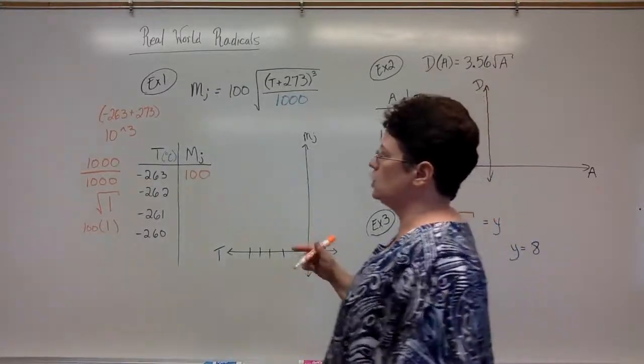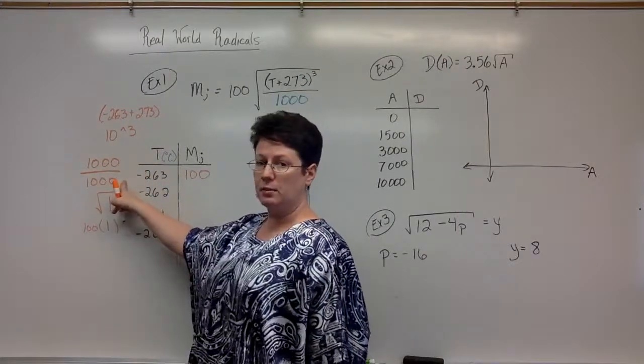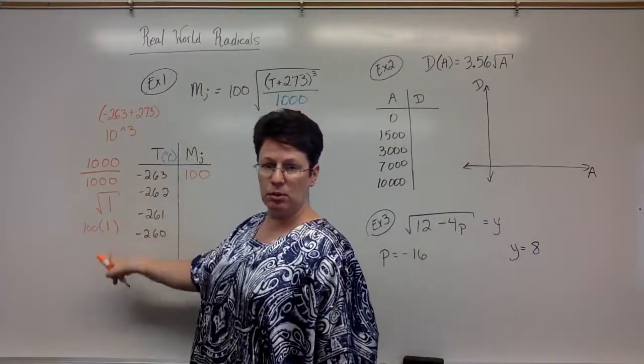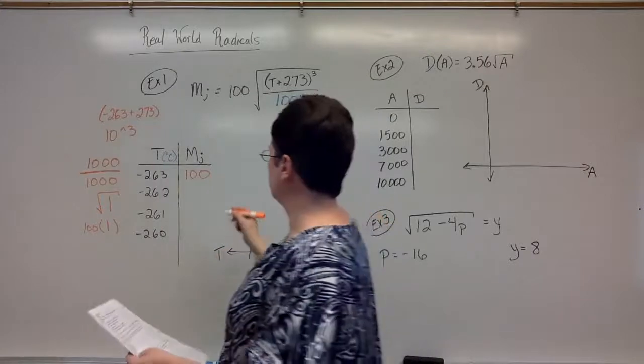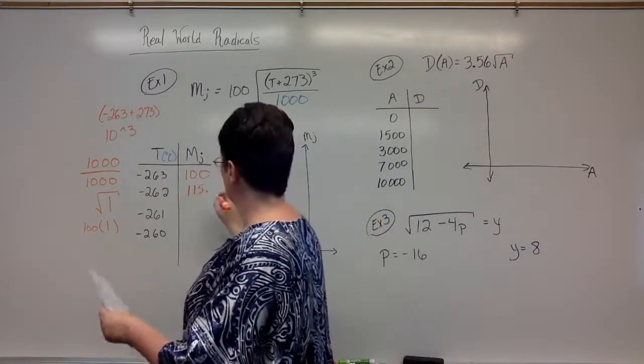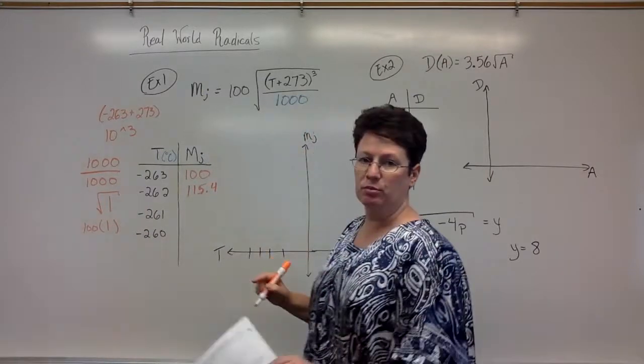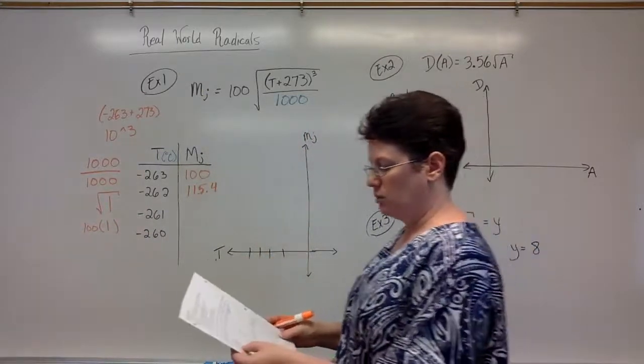So for negative 262, we get 11 cubed, which we would divide by 1,000, take the square root, and multiply by 100, and we get 115.4, okay? We're not going to go to that specific of a graph point, but it's nice to know.